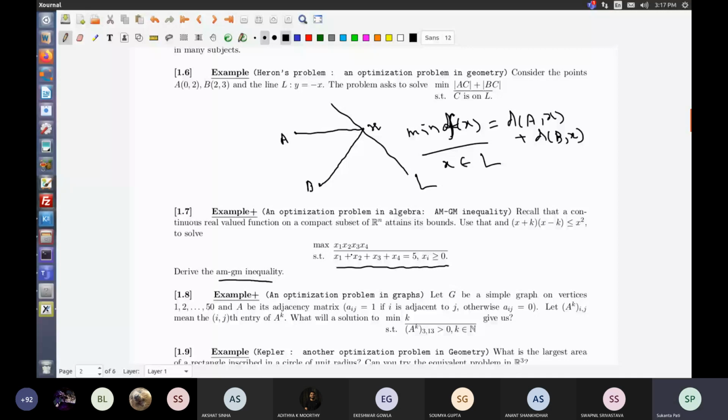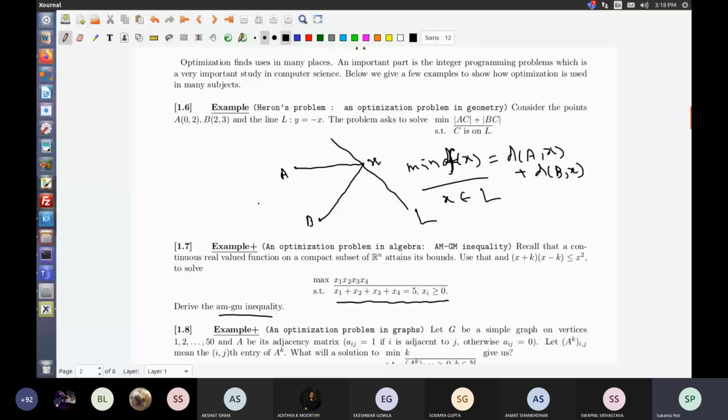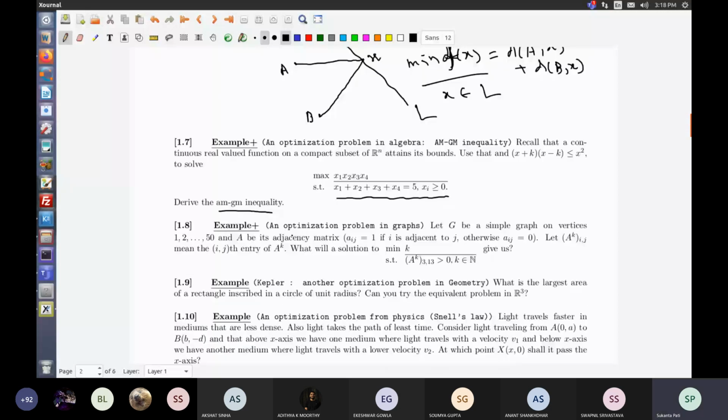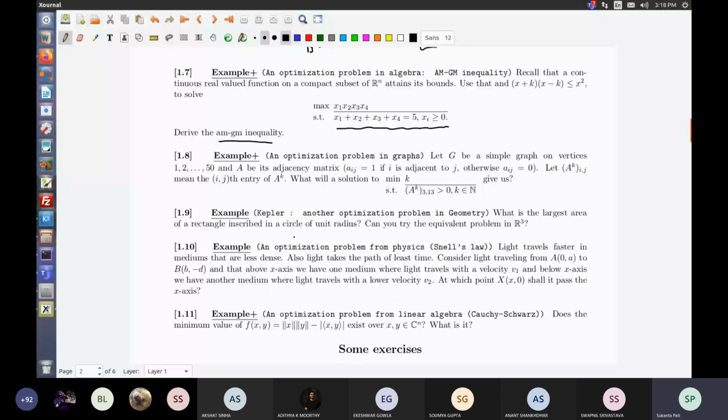Similarly, you have others. The ones that I have given with a plus, for example this one or this one, the plus means it's a must. You should do it. Another example is Snell's law, and another example is the Cauchy-Schwarz inequality. That says if you define the difference, and then where is it minimized?